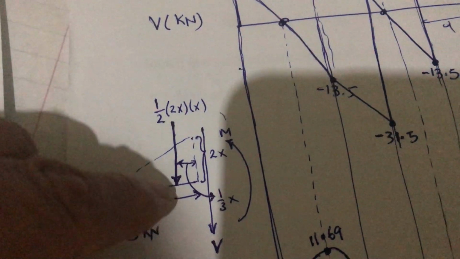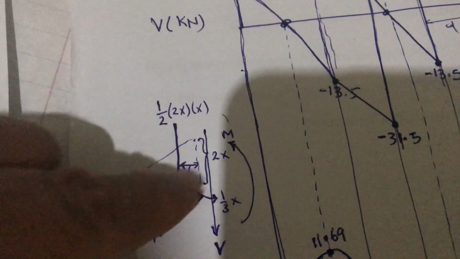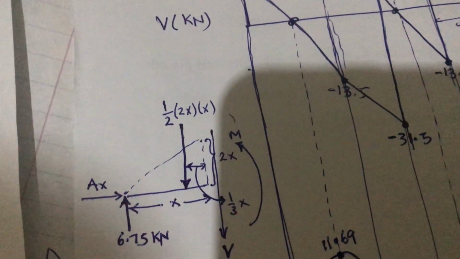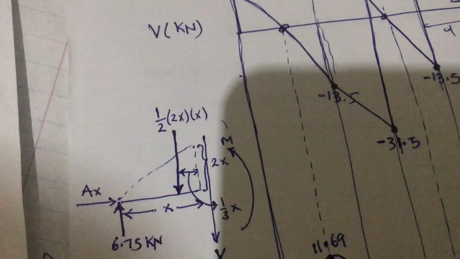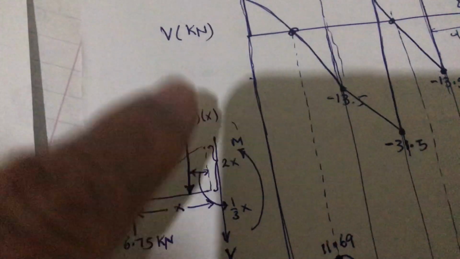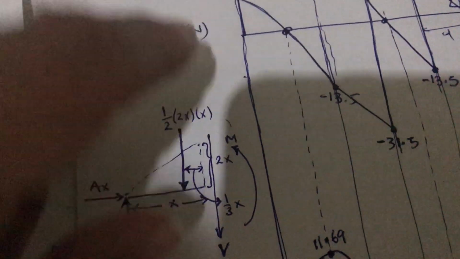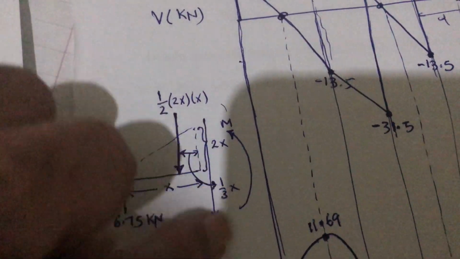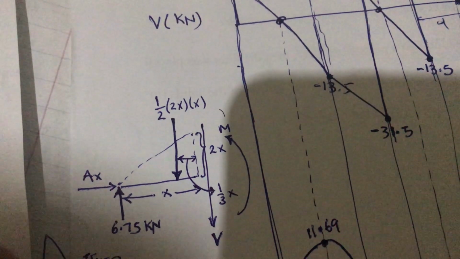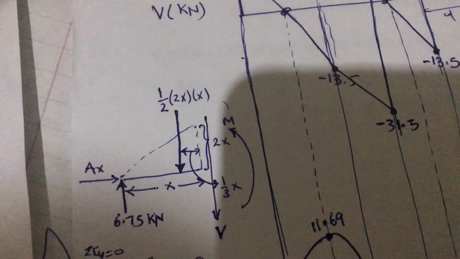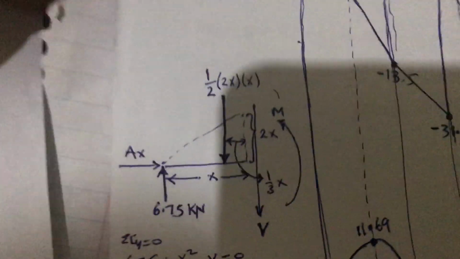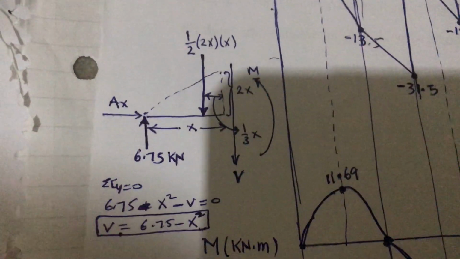So what is the equivalent loading? 1/2 times 2x times x. Okay? So 2 with 2, x squared. That is the equivalent loading. I'm going to assume that there is a shear down and a moment that way. I'm assuming. So if it came negative, that's going to be resolved later on.